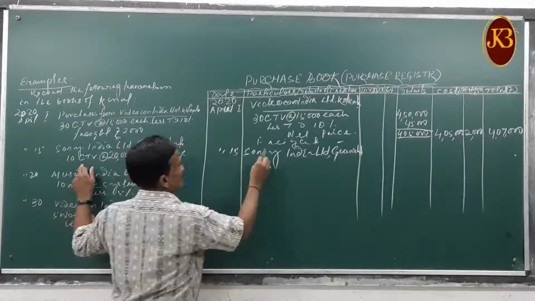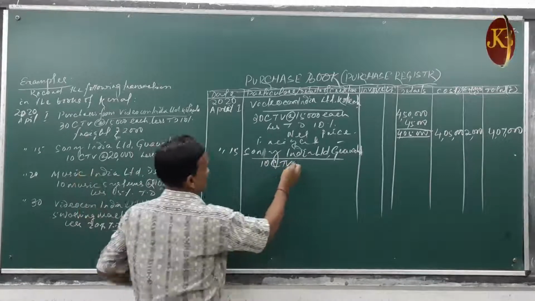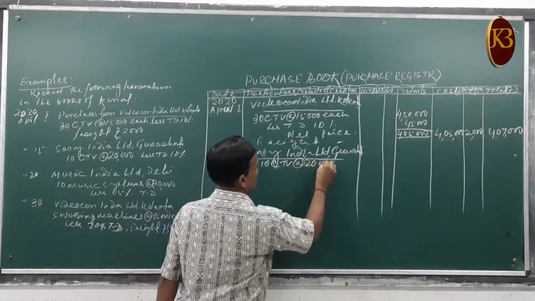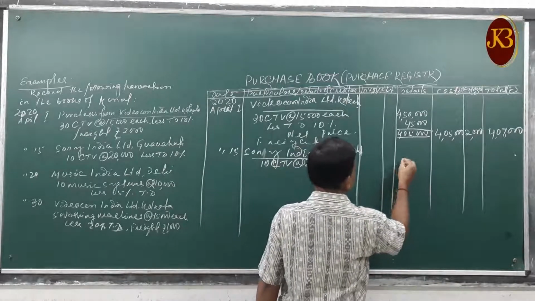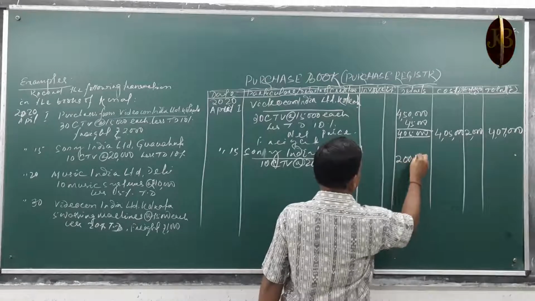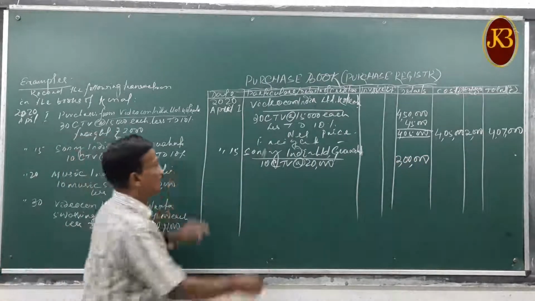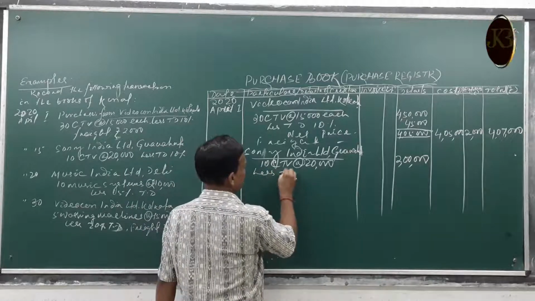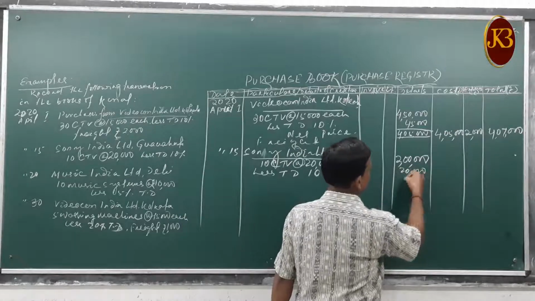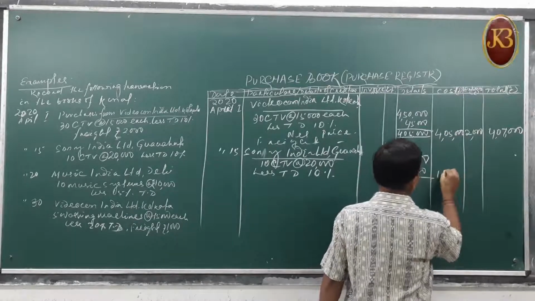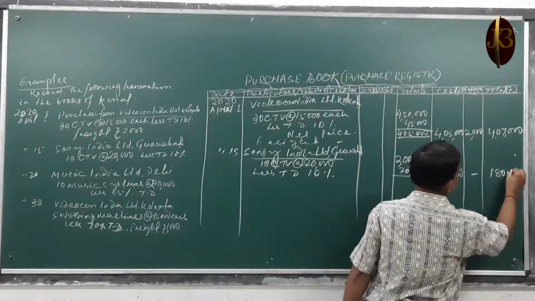So this is 8 color television sets at the rate of 20,000 each, that is 1,60,000, less trade discount 10%, so net amount 1,80,000.